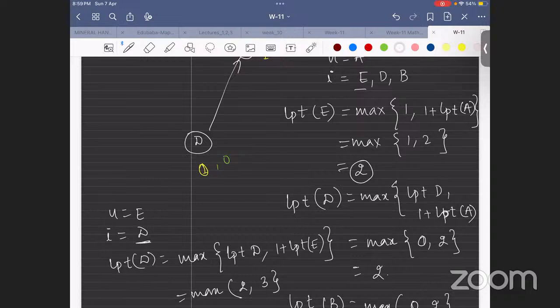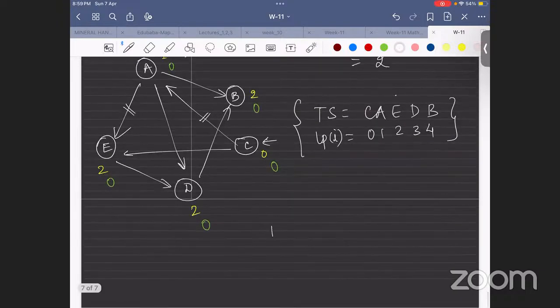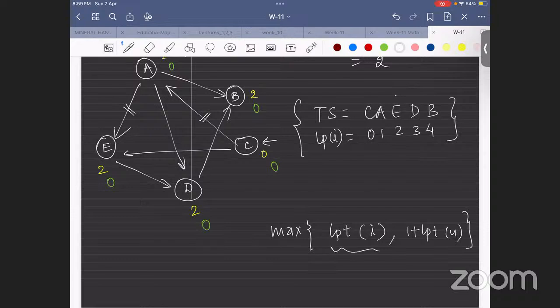The plot was like that every time, because the formula is the maximum of LPT of whatever vertices are available, comma, 1 plus LPT of U. There can be some problem. Let's for example say this U has only 1 plus 0, and this was 2, right? So maybe for some case, you can get this value.